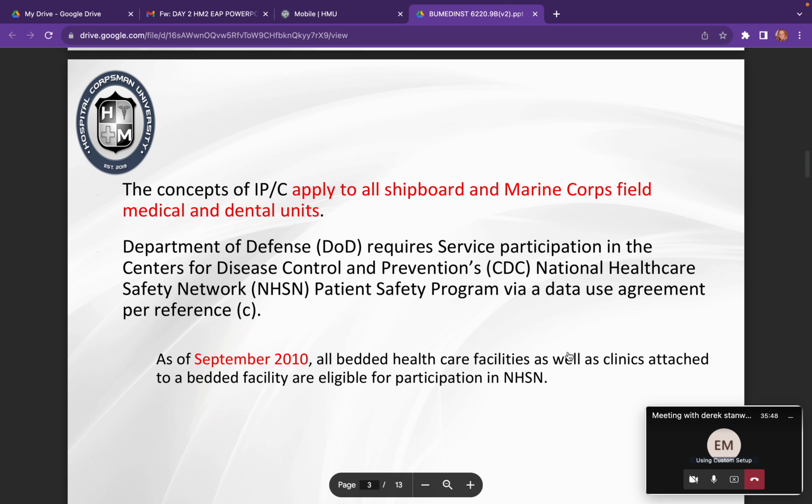Concepts of infection control apply to all shipboard and Marine Corps field, medical, and dental units. So any kind of deployment type platform.